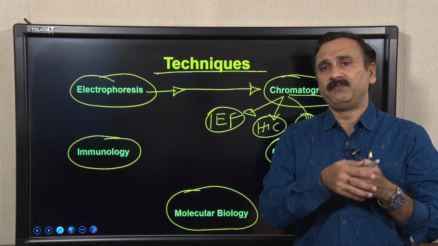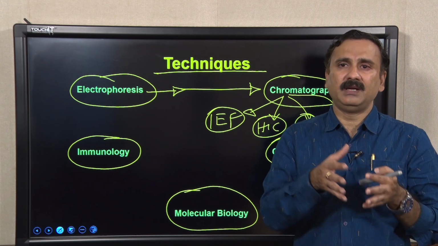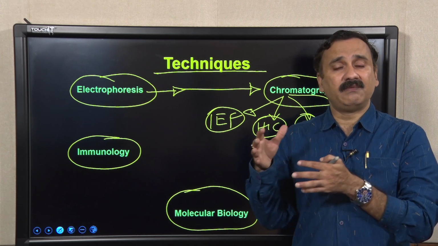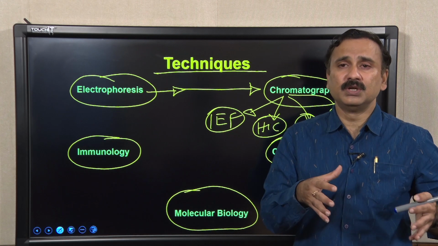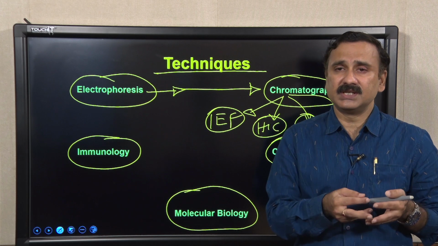And because of that, we took an in-depth look at how ion exchange, hydrophobic interaction, gel filtration and affinity chromatography can be used to design different types of experiments to answer some of the questions.